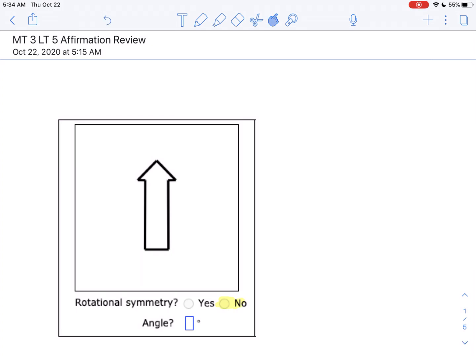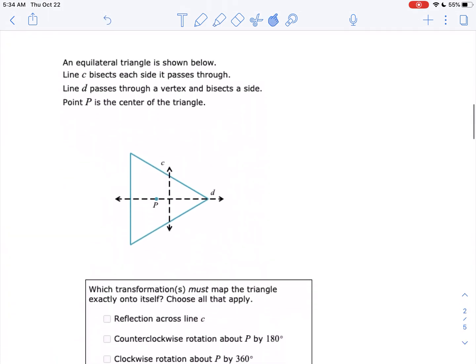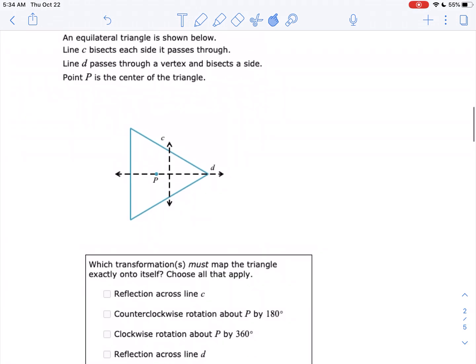Let's take a look at another problem here. On this one, it's an equilateral triangle, and line C bisects each side it passes through, and line D passes through the vertex and bisects the sides, and we know P is the center. Well, let's talk about rotational symmetry.